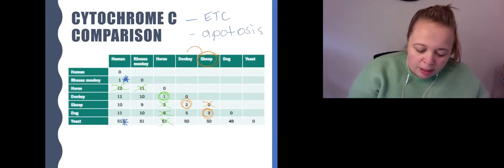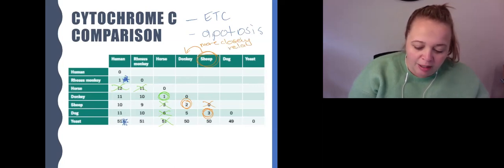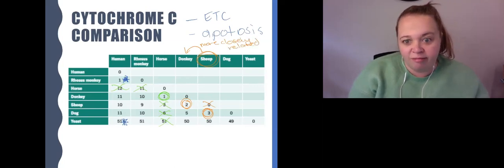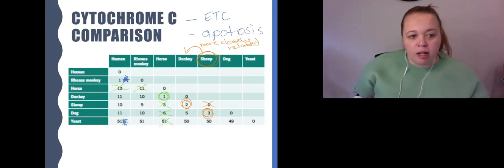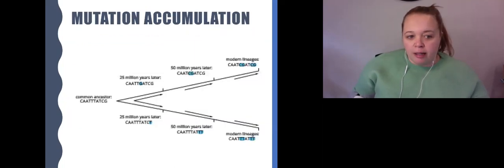So this means the sheep is actually more closely related to the donkey than it is to the dog. Bit crazy, isn't it? So sheep are closer to donkeys than they are to dogs when we look at their cytochrome C comparison.